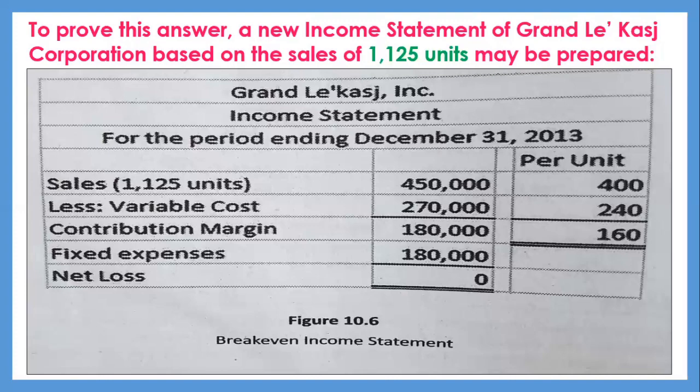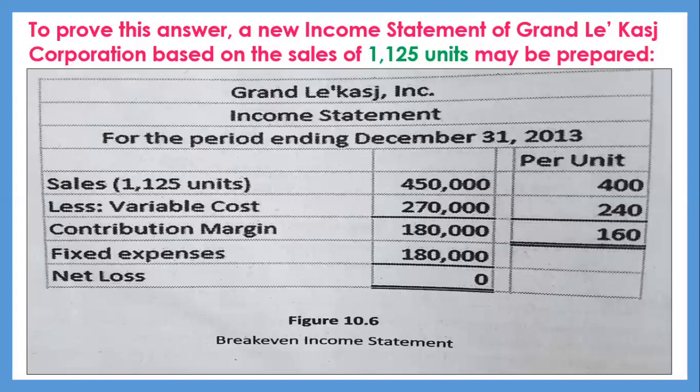So a total of 180,000 pesos for our contribution margin, less our fixed expenses of 180,000 pesos, and therefore our net income would be 0 peso. So as you can notice, if the total number of units sold is only 1,125 units, therefore the operation results in a break-even point. So there is neither an income nor a loss.